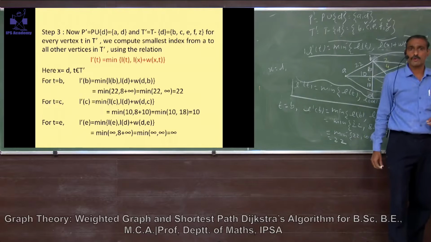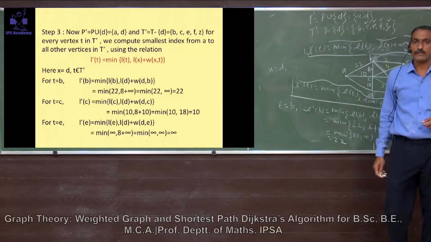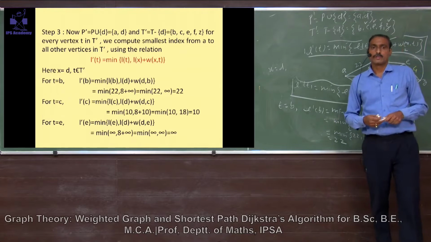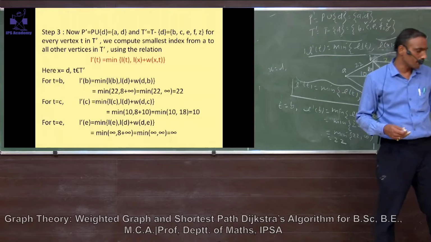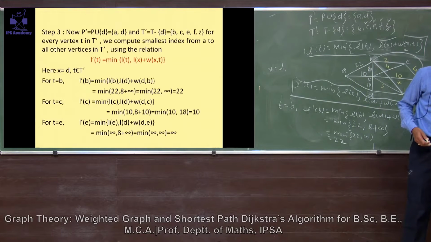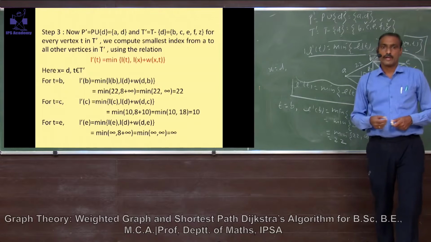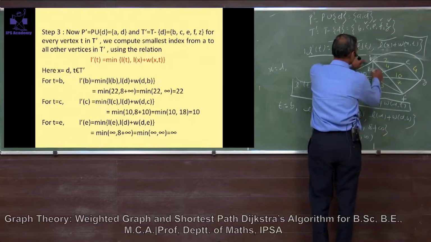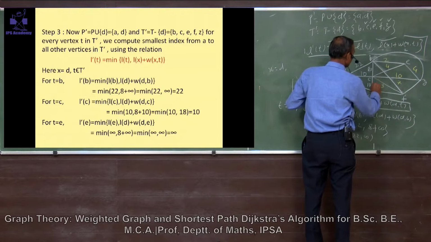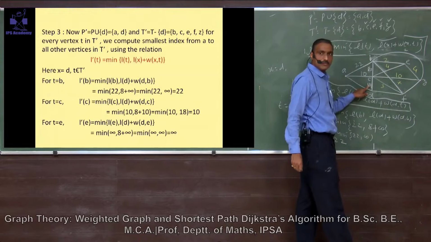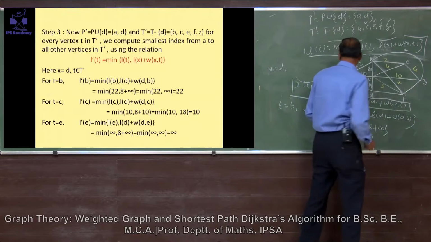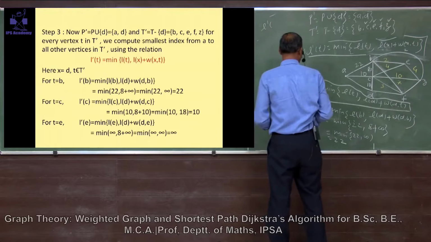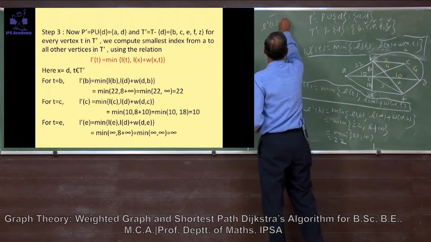L'(t) equals minimum of L(c), L(d) + W(d, c). L(c) is 10 in the previous slide, and L(d) is 8. W(d, c), d and c are directly connected, and the weight of this edge is 10, so we put 10. Then we get L'(c) equals 10.